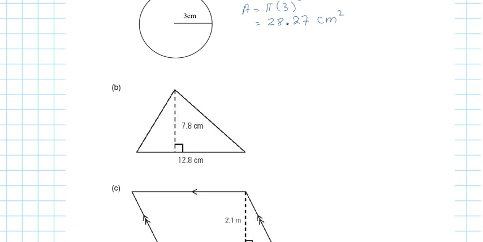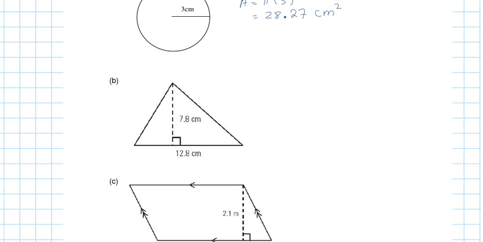All right, now I have a triangle, right? The area of a triangle, if you look at your formula sheet, is base times height divided by 2. There are 2 formulas on the sheet. You can pick either one of them, and it's going to give you the same answer: either a half times base times height or base times height divided by 2.